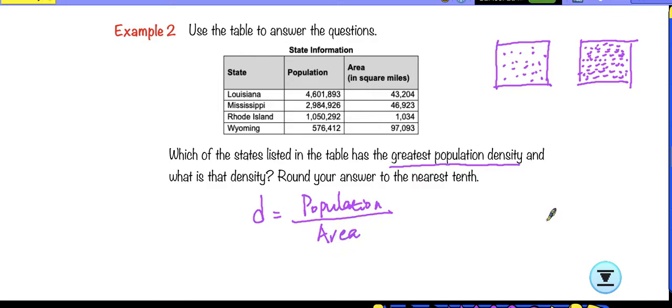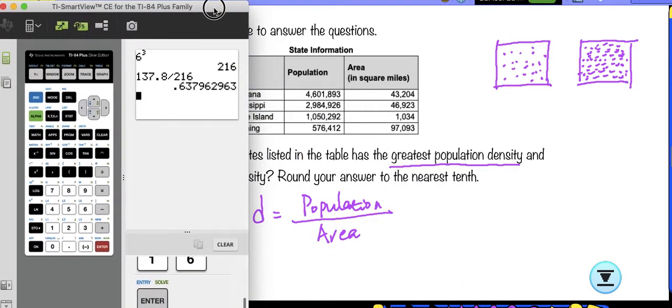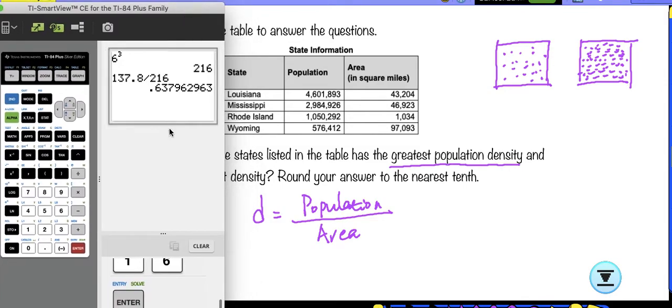This is basically how we find it. That's why for population density you always hear the number of people per square mile, which is the number of people in the unit area.